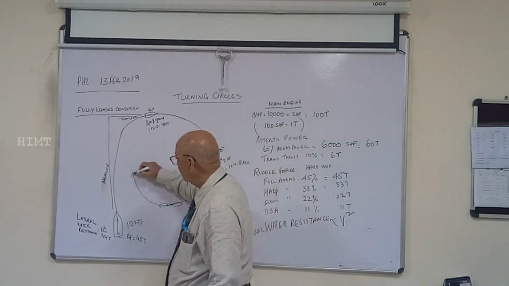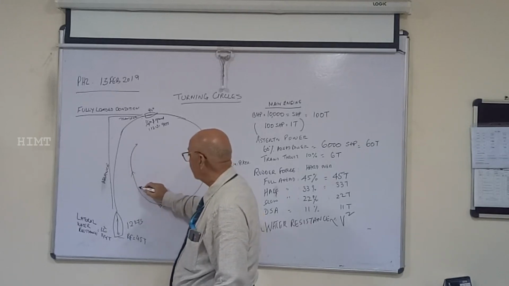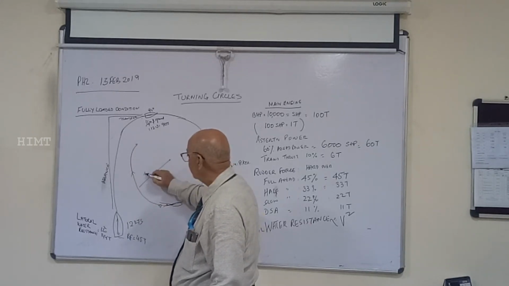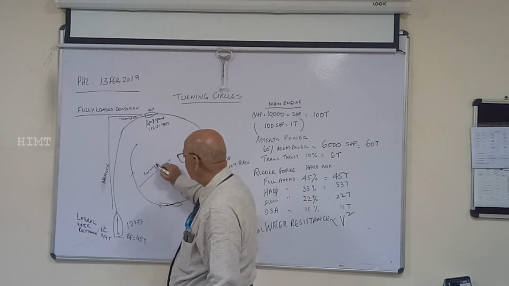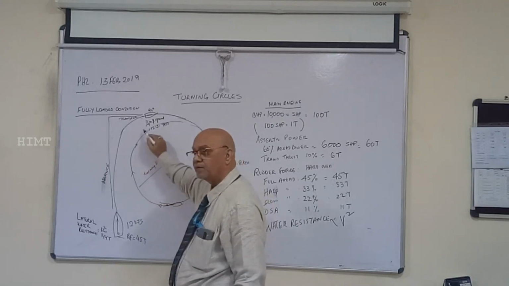And now you have gone to this. So this is your turning radius. Ship will now turn only on this.